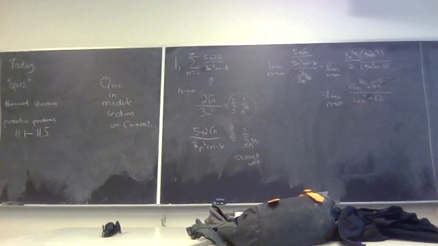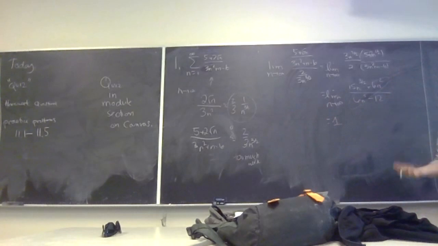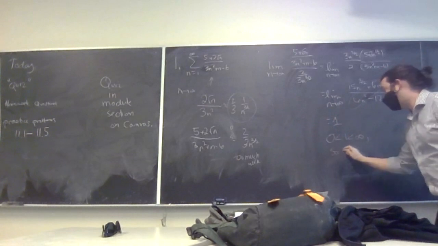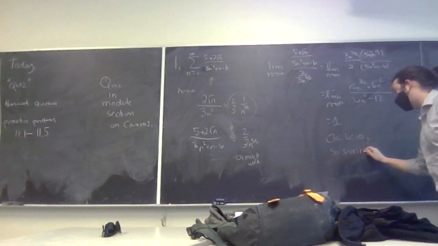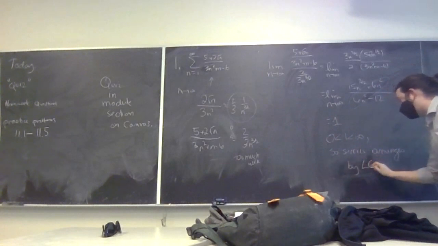Those are the dominant terms in this limit, right? Remember, you're allowed to use the ideas from calculus 1 and pre-calculus when you compute limits. The leading term on the top is 6n squared. The leading term on the bottom is 6n squared. This limit is 1. So how do we conclude? Well, 0 is less than 1, which is less than infinity. So the series converges by the limit comparison test.